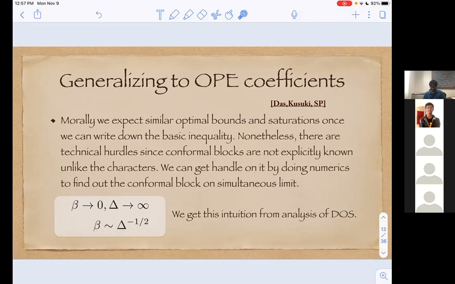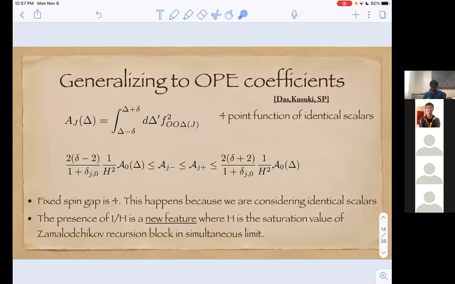If we do this, then here's an expression for the OPE coefficient. Here we are looking at light-heavy OPE coefficients, squared. And then again, I have A_J minus and A_J plus. These two quantities just refer to whether I am counting the states appearing on the edge of the interval or not.